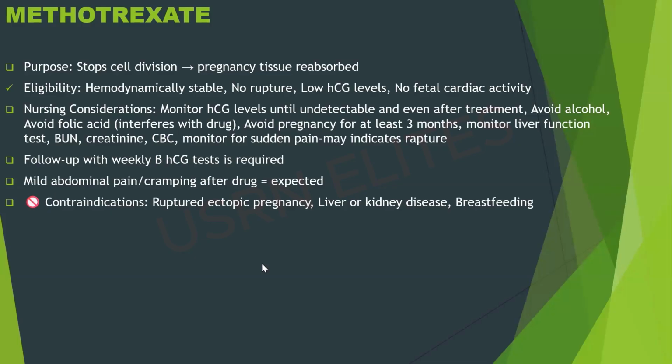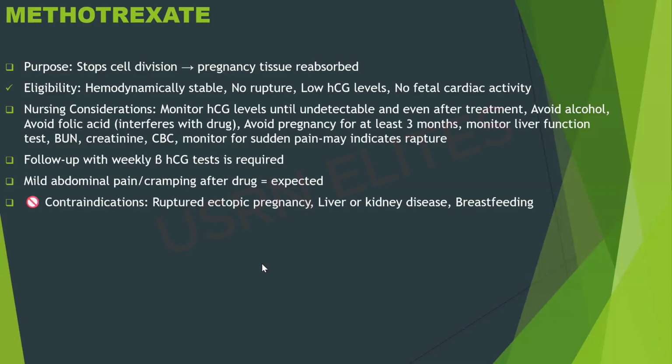Please, okay. The thing that we should consider, if you want to know methotrexate is working, is that once the pregnancy is there, there's going to be an increase in the HCG, the human chorionic gonadotropin. So once you are given this medication, methotrexate, you are stopping cell division, which means the levels of HCG should come down.